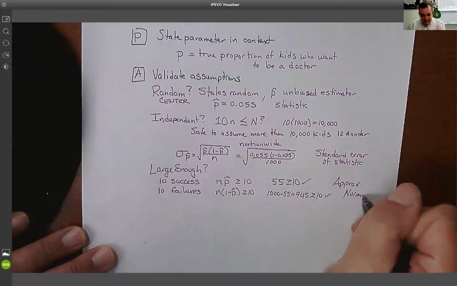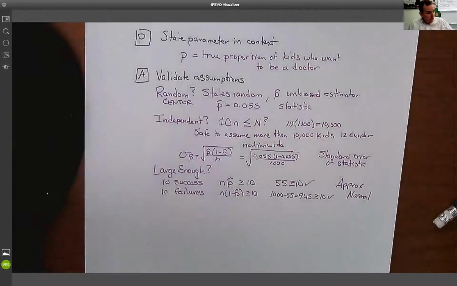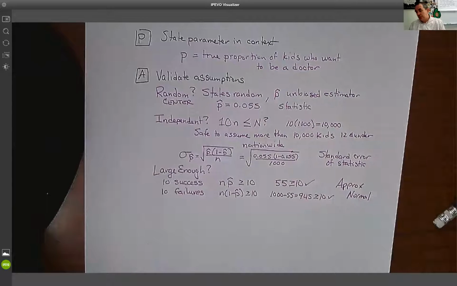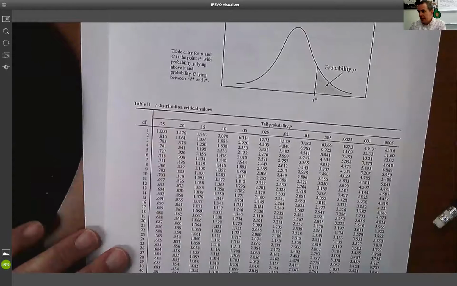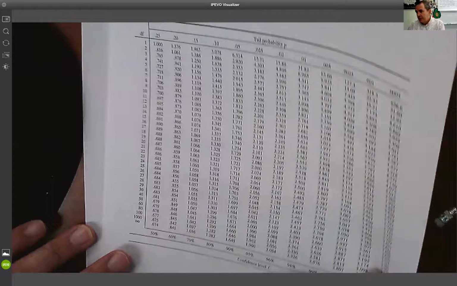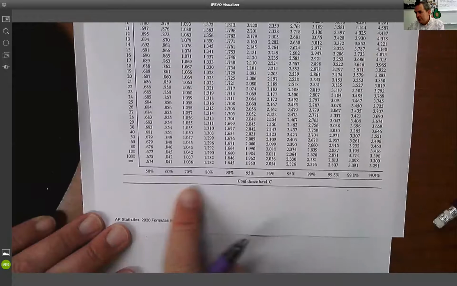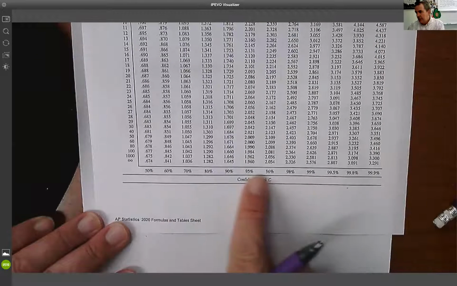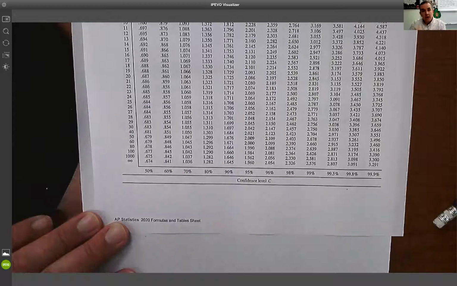And here's the thing that's new: since we can do that, we're going to be able to use, on your formula sheet, this table B. I know it says T distribution. Don't worry about it right now that it says T. We can actually use the infinity row down here. If you look way down at the bottom, there's a bunch of confidence levels. These are called critical values. It's the number of standard deviations I'm going to give in either direction.